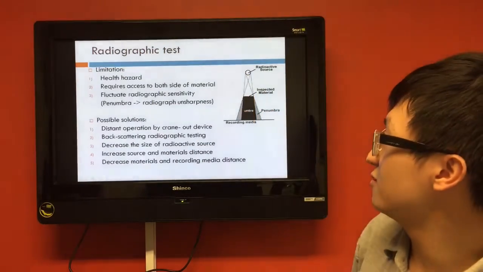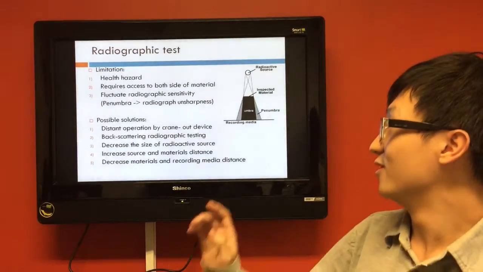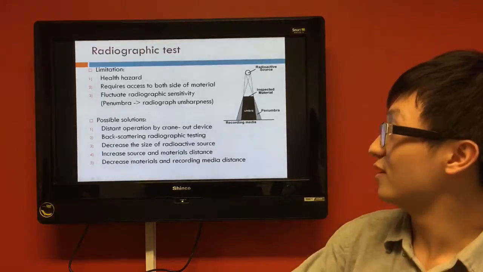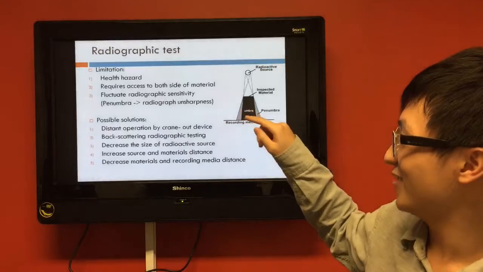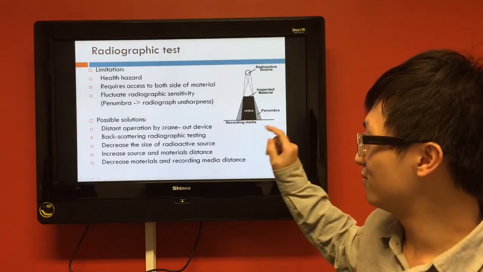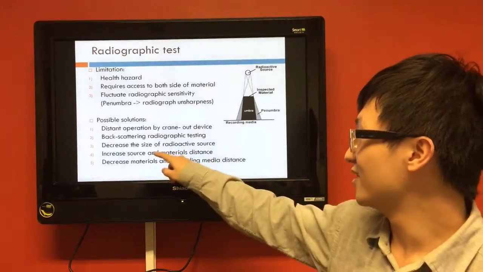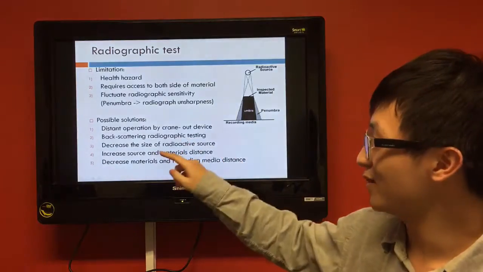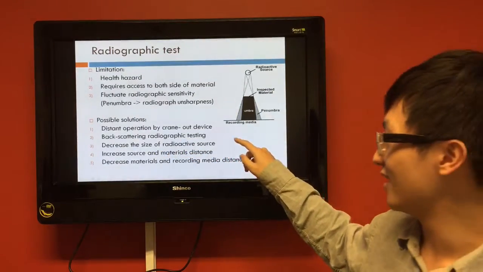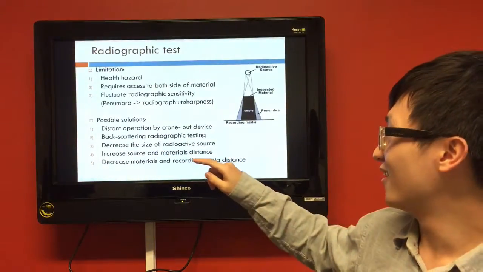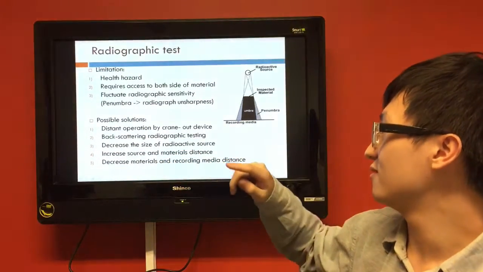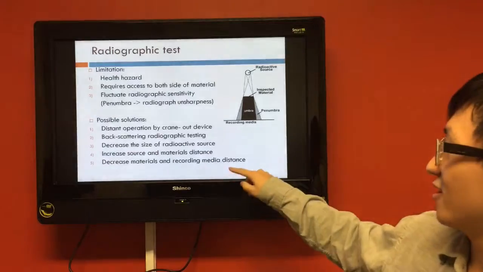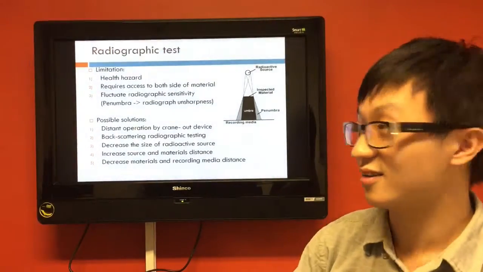Finally, the fluctuating radiographic sensitivity may be a possible limitation of radiographic tests. The fluctuating radiographic sensitivity is caused by the improper size of the radioactive source, or improper source and material distance, or improper material and recording media distance.